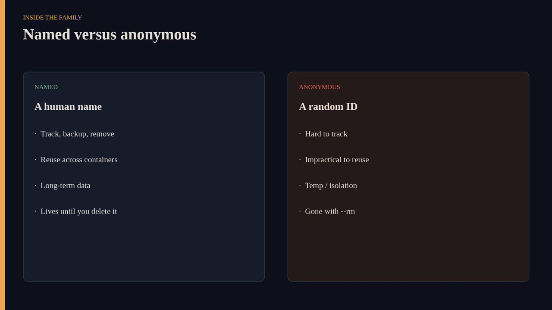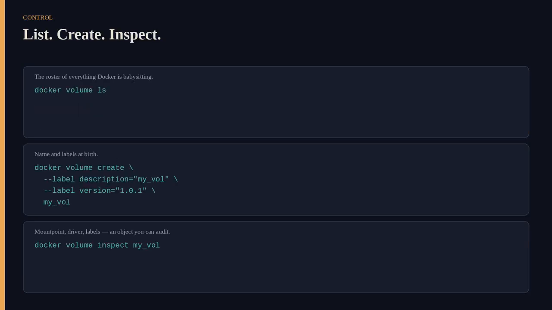Named volumes are how you refuse that fog. The operational rule is almost moral. If the data has a name in your head, give it a name in Docker. If it does not deserve a name, do not be surprised when nobody can find it, or when a prune finally does. Control begins with 3 verbs: list, create, inspect.